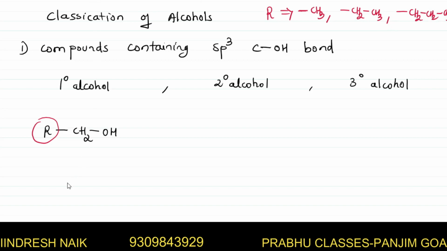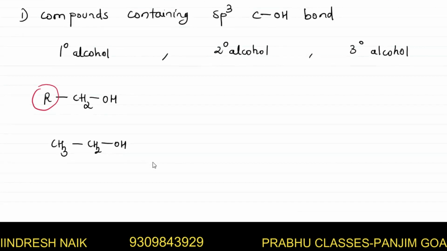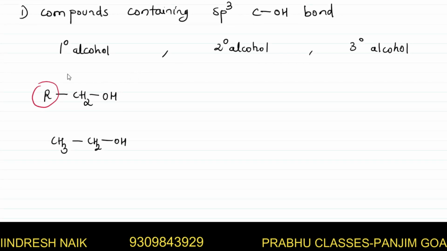Over here, if I write CH3CH2OH, this is an example of a primary alcohol because the OH is connected to a carbon which is further connected to only one carbon. This is what the primary alcohol is. I can take one more example.